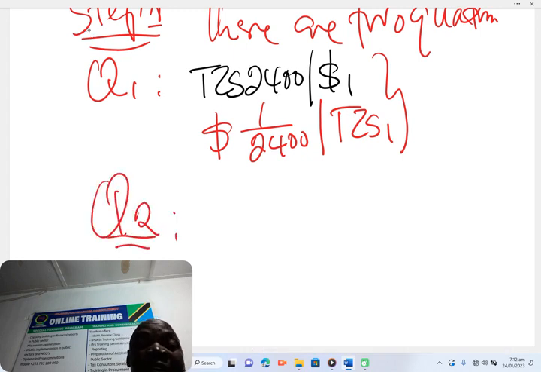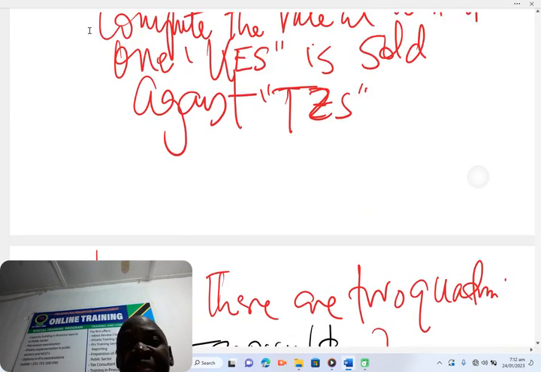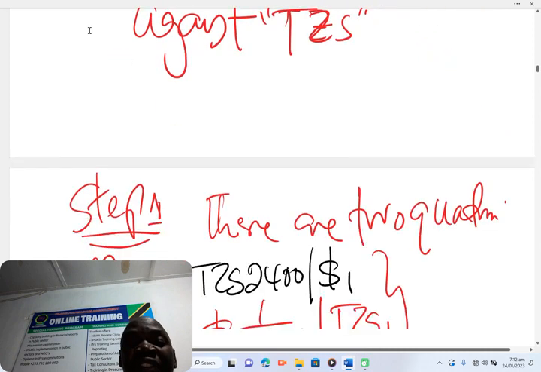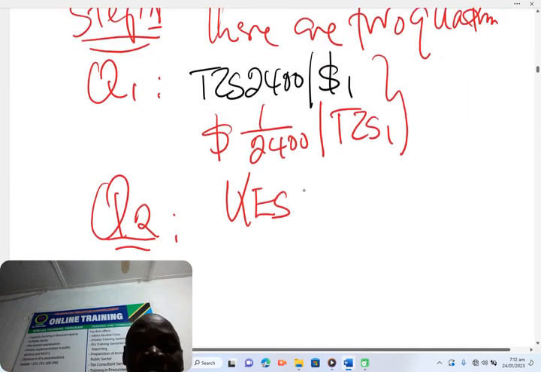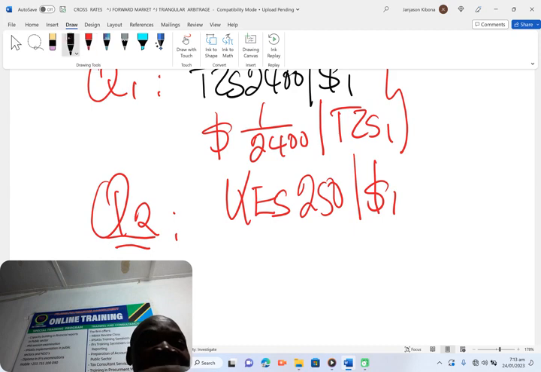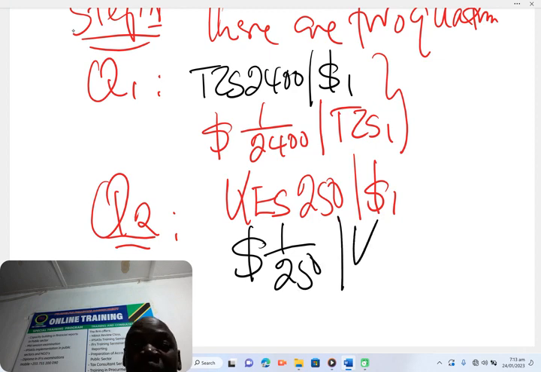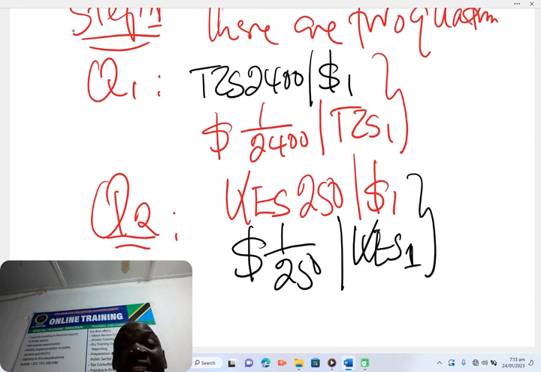What is it? Kenyan shillings against what? How many Kenyan shillings have been given in the problem? 250. So you write 250 against what? Dollar. And the reciprocal can also be taken. What is that one? It is $1/250 against what? Kenyan shillings 1. So this is step number 1.